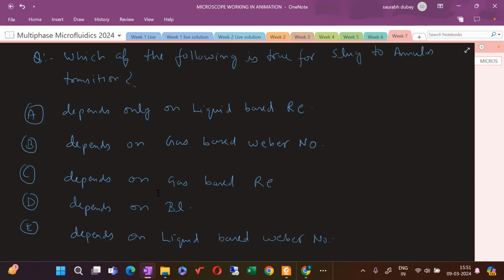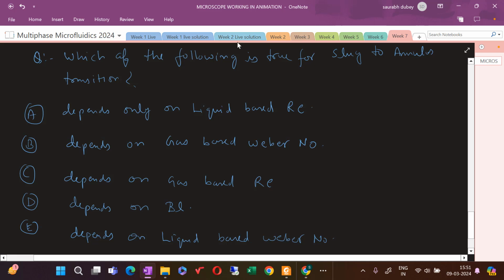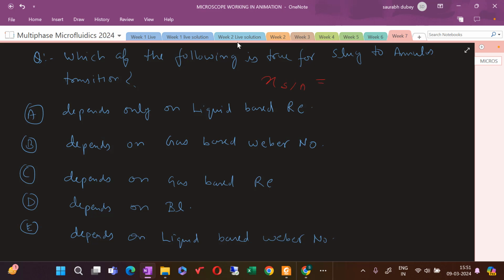Definitely you will get some. If you remember about this, then things will be clear to you. The expression for the transition between sludge to annular is Reynolds number to the power 1.47 and Weber number to the power minus 1.23.